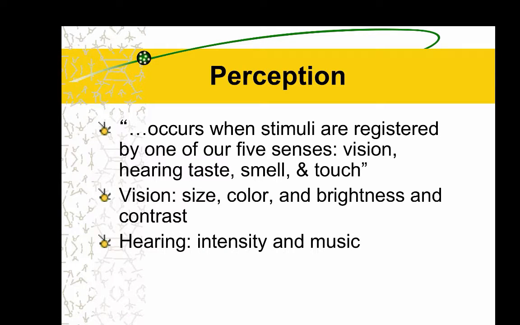Hearing is influenced by intensity and music. Taste perceptions are also critical for certain products. Yet, because tastes may vary across cultures, marketers use taste tests to improve marketing strategy. In addition, the chapter considers how smell and touch may influence the marketing strategy for certain products.